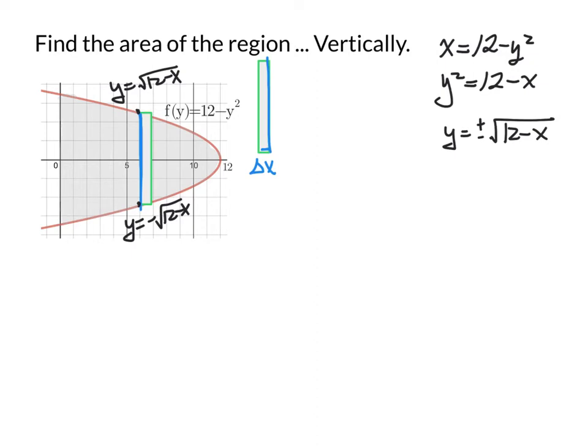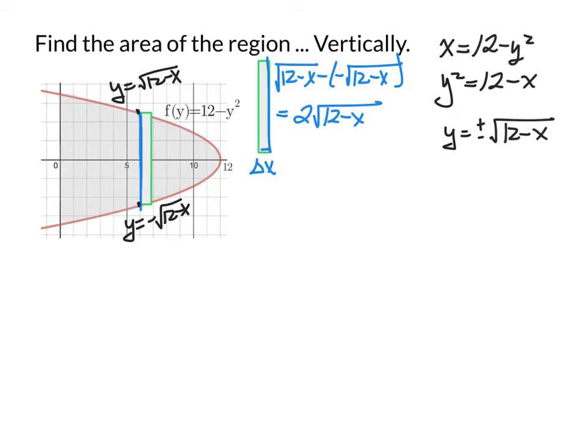Okay, well now we're ready to find the height of that rectangle by taking the big curve minus the small curve, the big curve being the positive square root, and we're going to subtract off the little curve, the negative square root, and what we're left with is 2 square root 12 minus x.